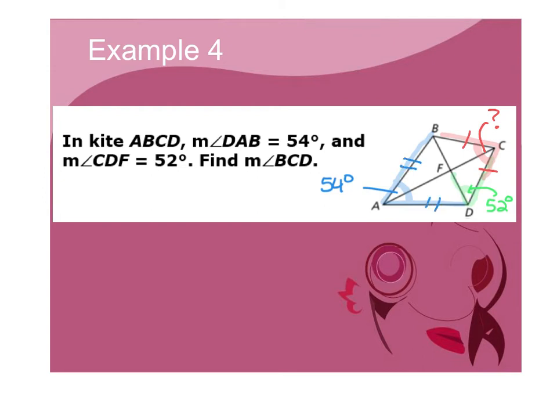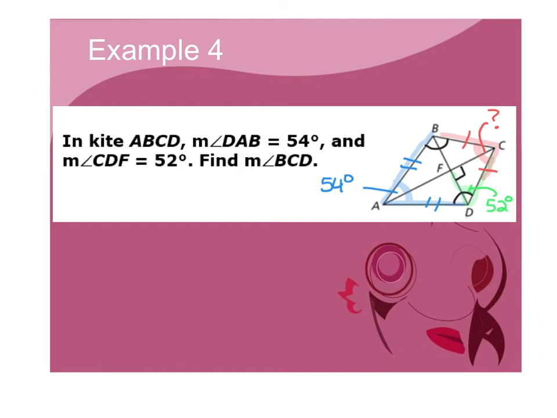I also know that the diagonals are perpendicular. Now, angles BAD and BCD, which is what they're asking me to find, are not the congruent angles. The congruent angles are these right here, where the two non-congruent sides meet.